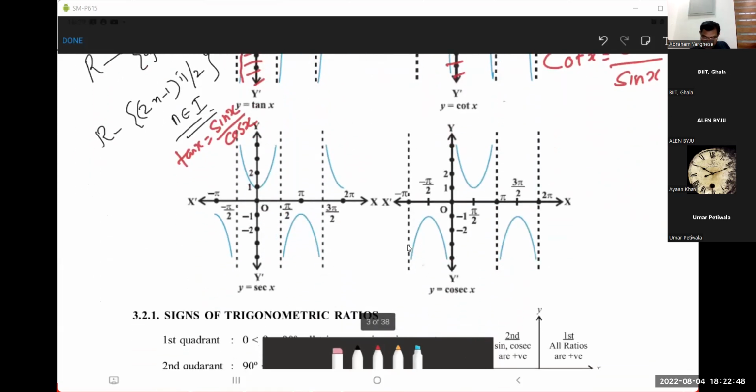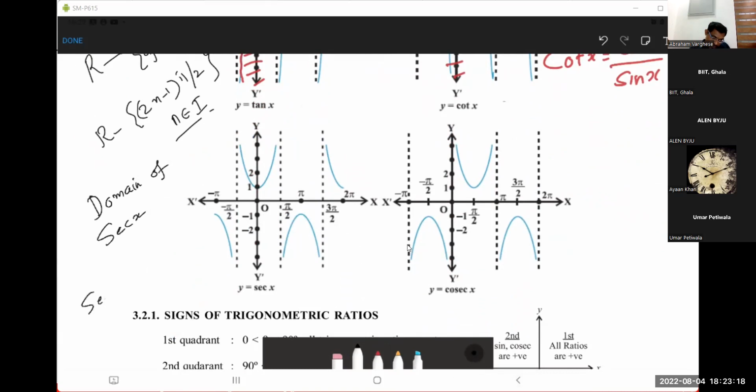Now two more things: sec x and cosecant x. What is the domain of sec x? How do you find this?